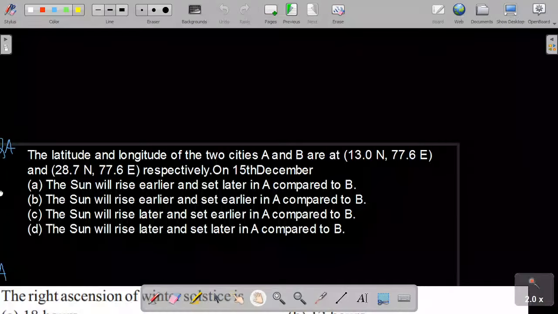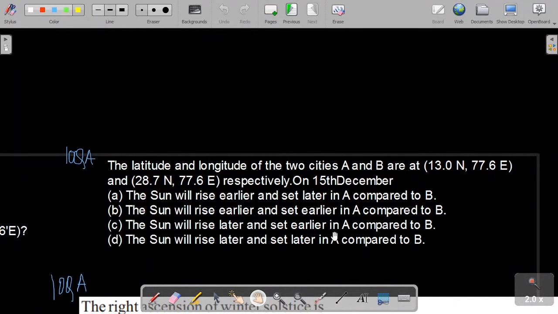So this is one, and this is another question from that paper, and this requires the knowledge of the path of the sun, or the ecliptic, or basically basic geography if you have studied. Let's read the question first.